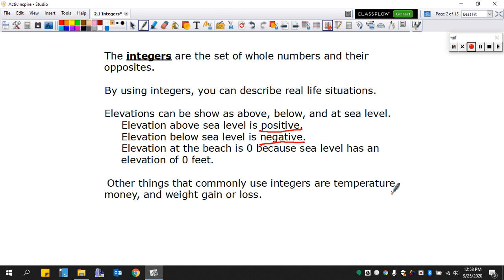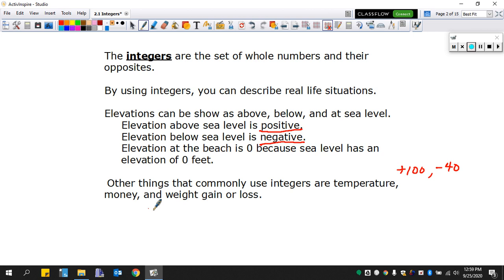You talk about temperature being really hot, which would be 100 degrees, which would be a positive 100, okay? Or really cold, which if you live in Antarctica, you're talking about negative 40 degrees. All right, and so you're talking about negative numbers, numbers below 0.